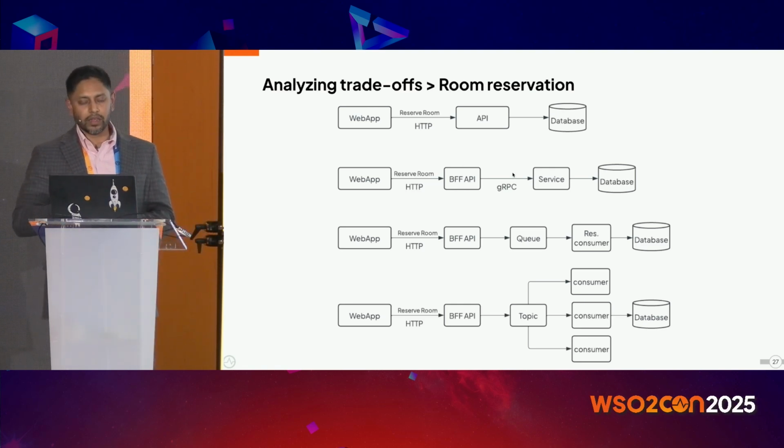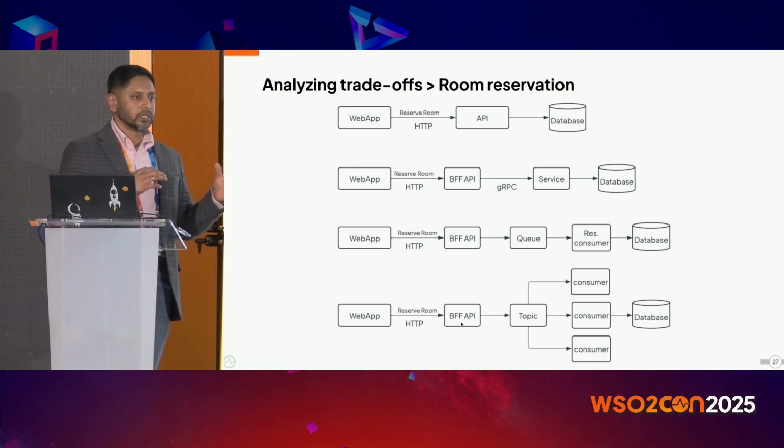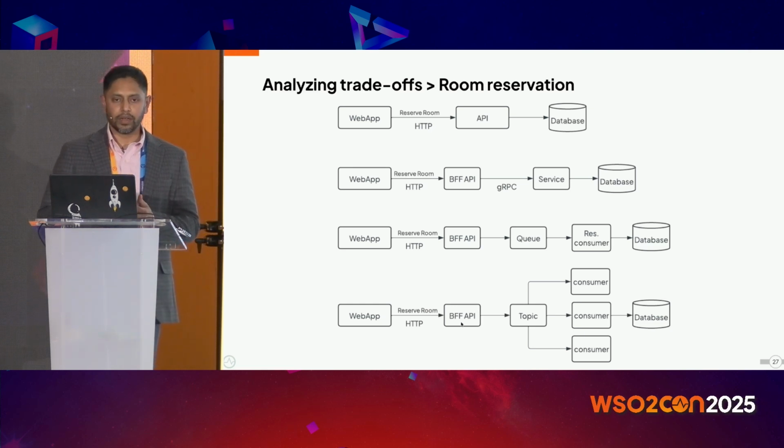The BFF API talks to the backend services via gRPC, and talks to a database. And on the last one, again, the web app makes a call to an API, and then the BFF API publishes that event into a topic, and there are consumers who pick up that message and do stuff with it.